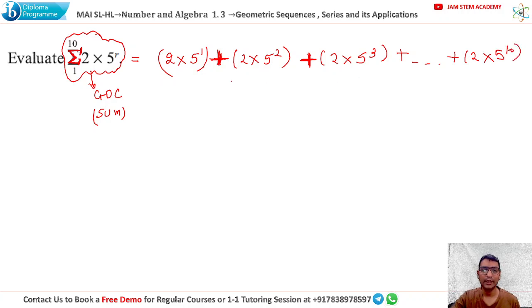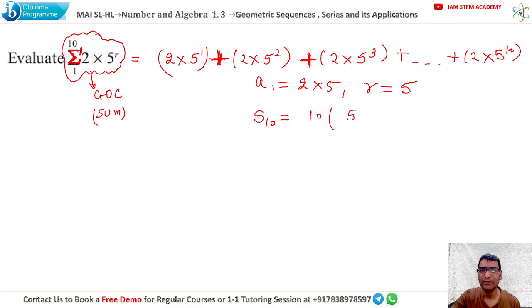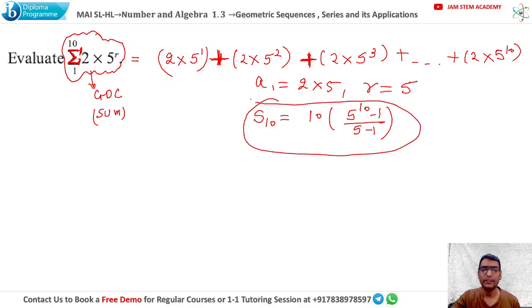Now can you see that it's a GP? To get the next term, you multiply the previous one by 5. So the first term a1 is 2 times 5, the common ratio r is 5, and hence you can use the sum of the first 10 terms of the GP, which is a1 times 5 raised to the power 10 minus 1 over 5 minus 1. Either simplify this in your GDC or directly use the GDC to give you this value.